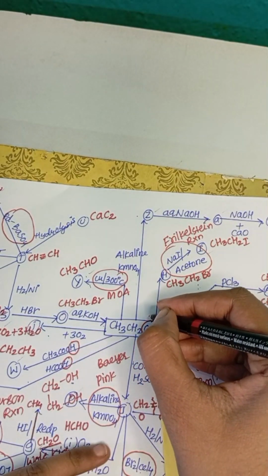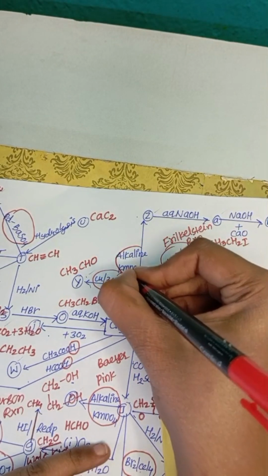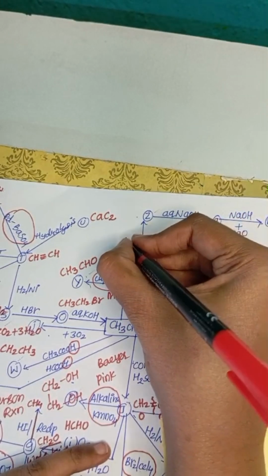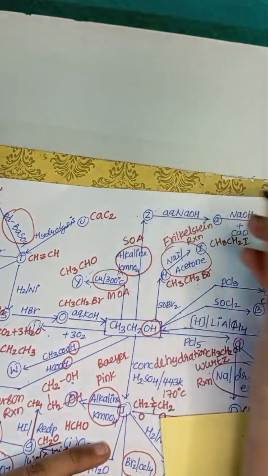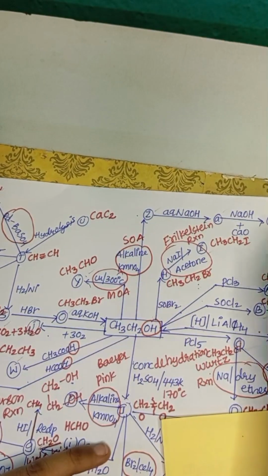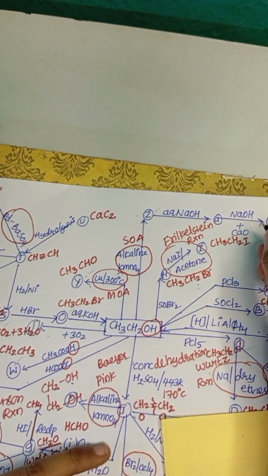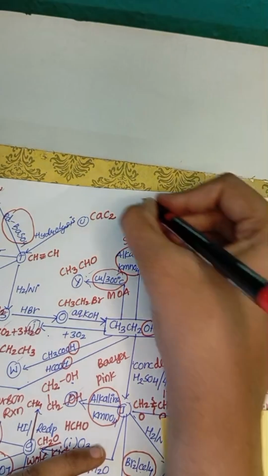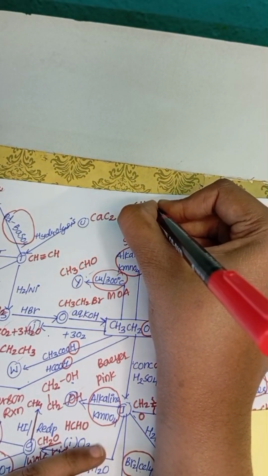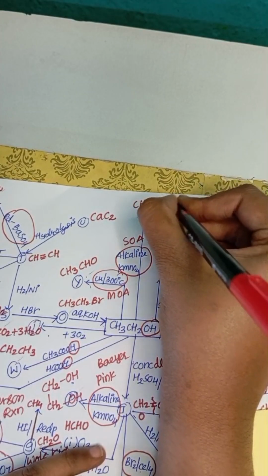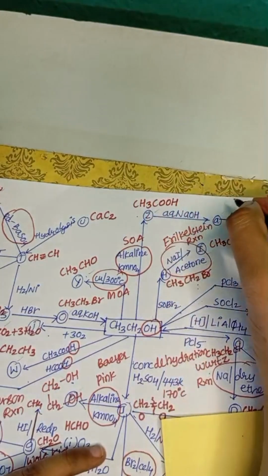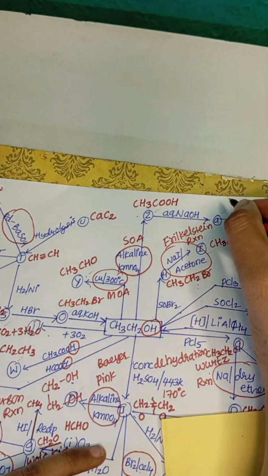But whenever ethyl alcohol is treated with strong oxidizing agents like alkaline KMnO4 or acidified K2Cr2O7, they form carboxylic acid.